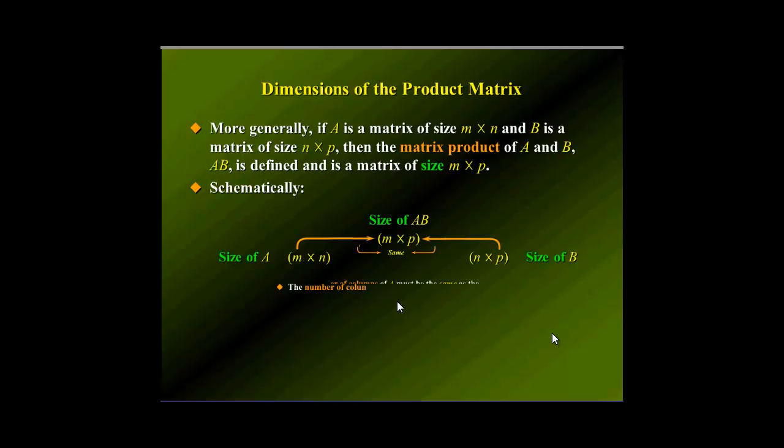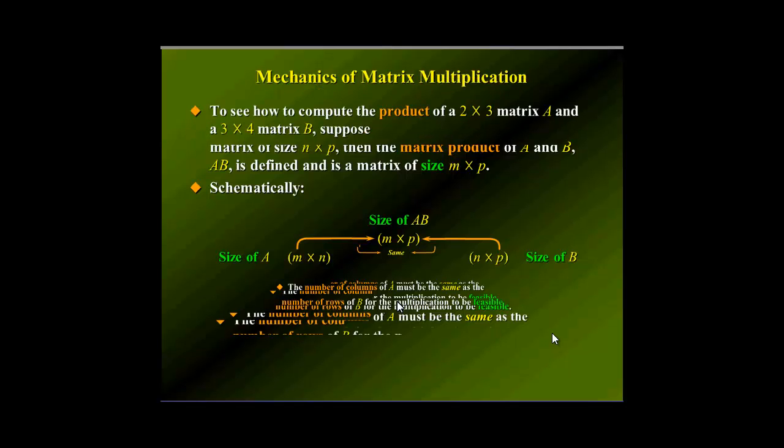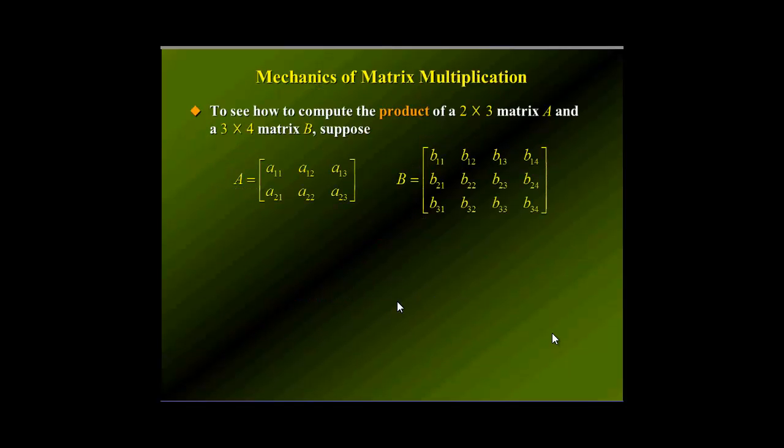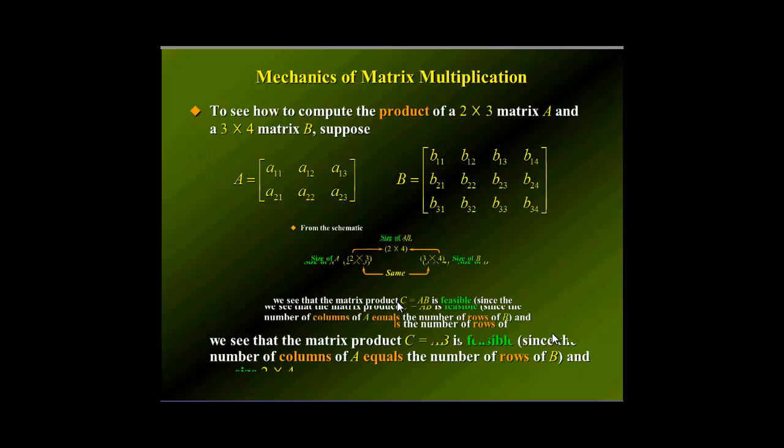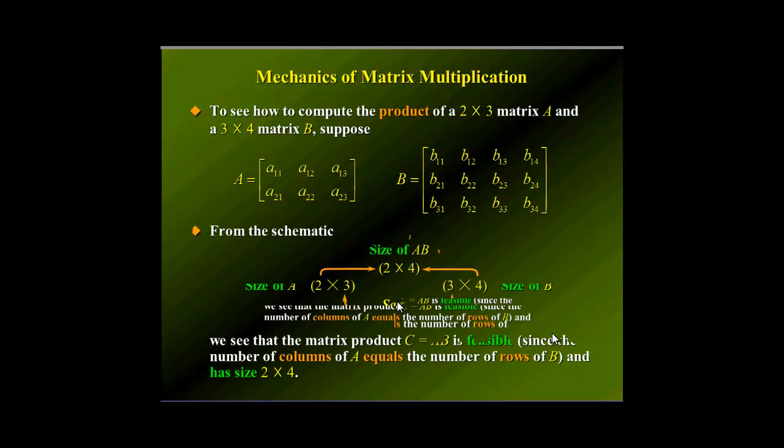So let us see. There are two matrices. The matrices are 2 by 3 and 3 by 4. The first matrix is 2 by 3: 2 means there are two rows, and 3 means there are three columns, 1 2 3. And the other matrix is 3 by 4: three rows, 1 2 3, and 4 columns, 1 2 3 4.